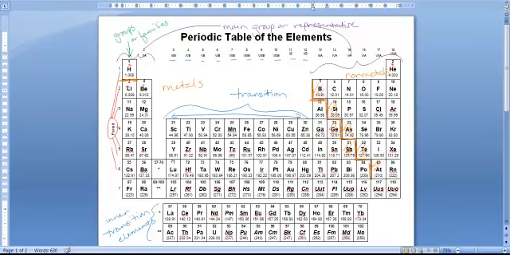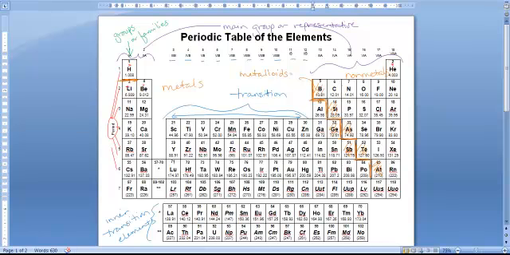And I'm just highlighting them here. Boron, silicon, germanium, arsenic, antimony, tellurium, astatine, which we consider metalloids, or some books call them semimetals. But these ones are the metalloids.